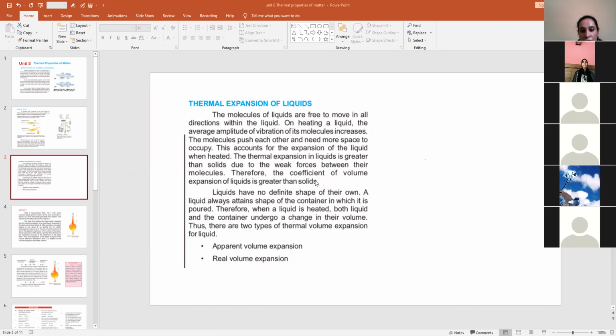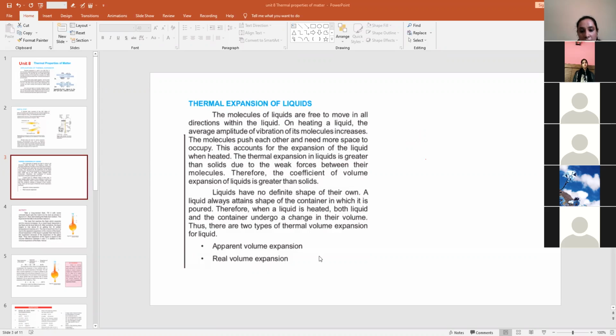In this way they push each other, more space is created, and the expansion of the liquid takes place, right? So we can say that thermal expansion of a liquid is more as compared to that of solids, because liquids don't have a specific shape. They can easily adopt the shape of any container in which they are poured.